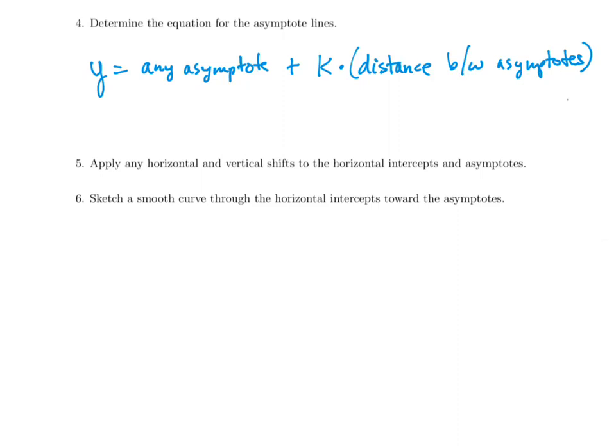Okay, and k here is any integer. So we keep k in the equation for the asymptote line. Basically we're coming up with a formula for a way to find all the possible asymptotes that the equation could have. And then we apply any horizontal and vertical shifts, and then we'll draw a smooth curve.